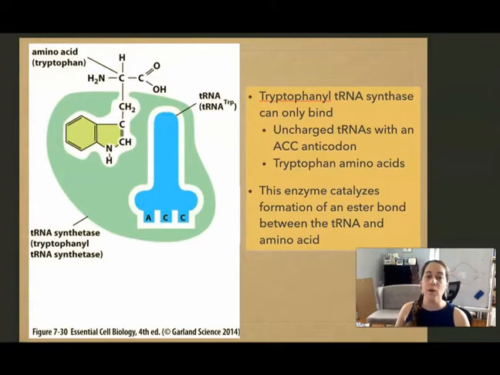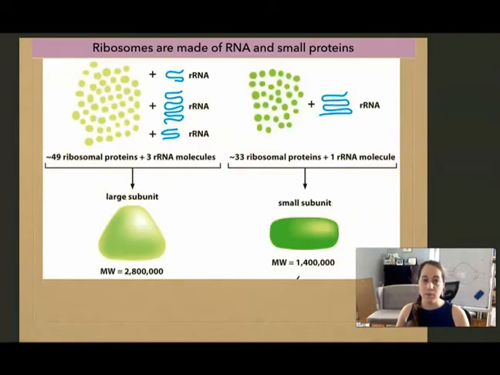And next we're going to talk about another type of RNA, and that is the ribosome. So the ribosome is a really important structure in every cell. Every single cell, no matter what domain, has ribosomes. And they're all fairly similar. We could recognize similar structure, similar sequence, and of course, the same function all across all of the domains of life.